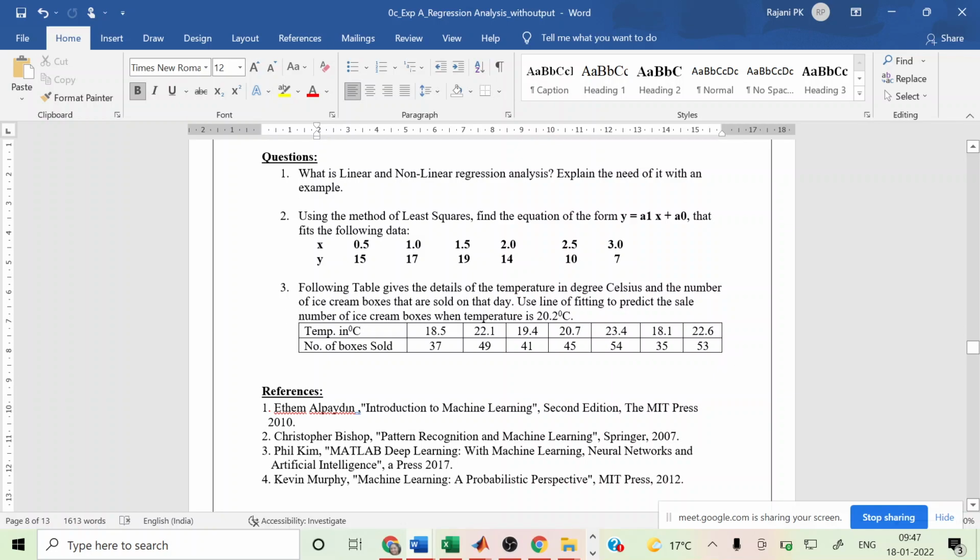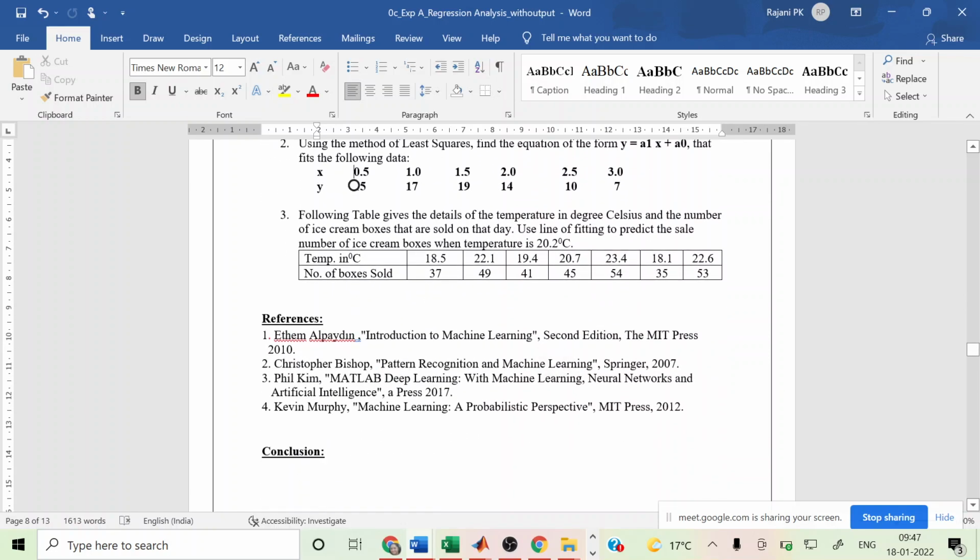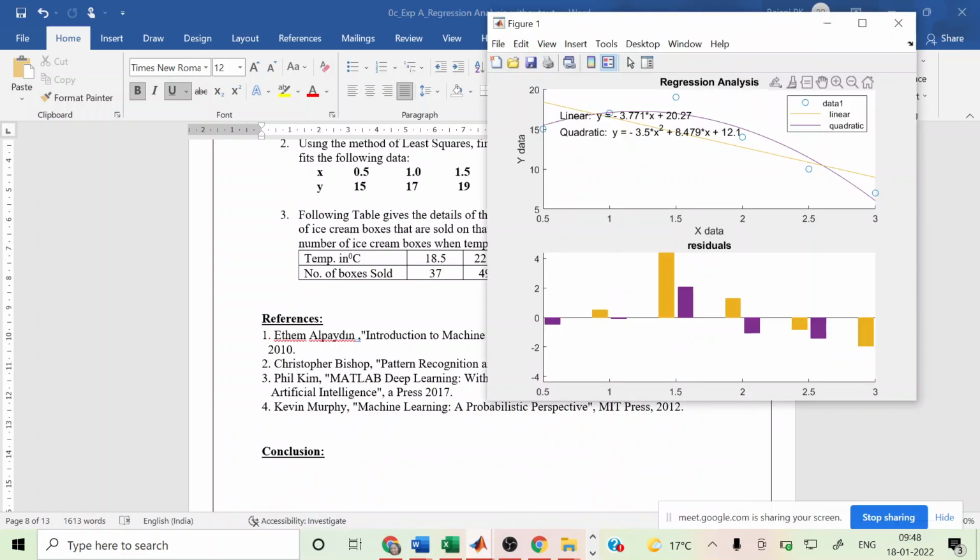So mathematically and programmatically you are getting the same answer. That will be first for linear, and for the analysis purpose, quadratic you have done. And for that, in the first problem, which one are we getting a better solution? The quadratic is showing a better solution. From the graph, that is the third graph, we can conclude that the residuals are less.